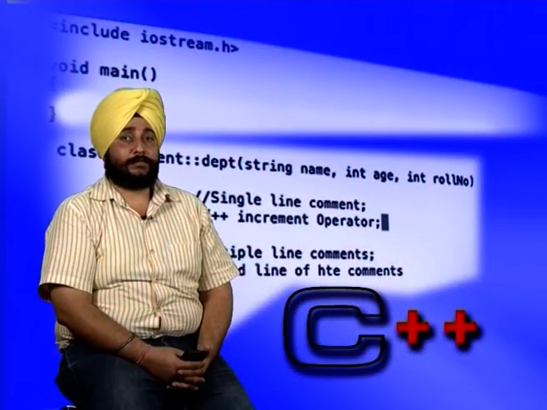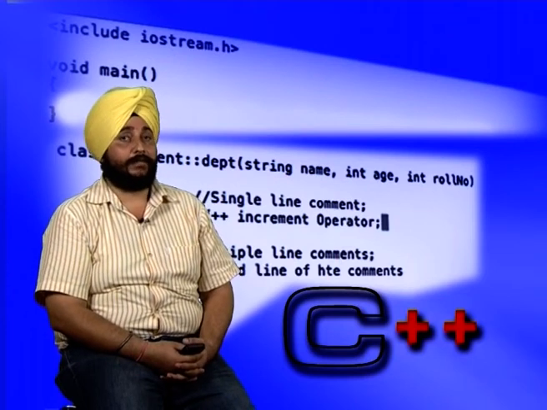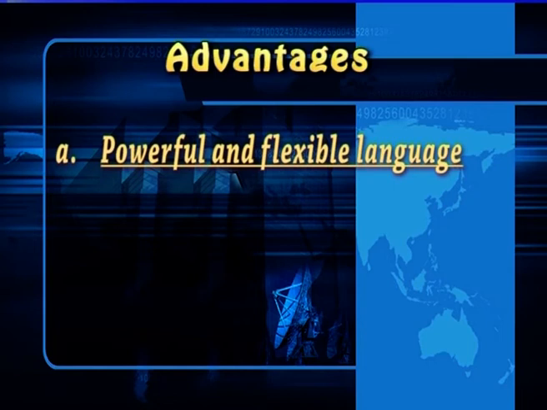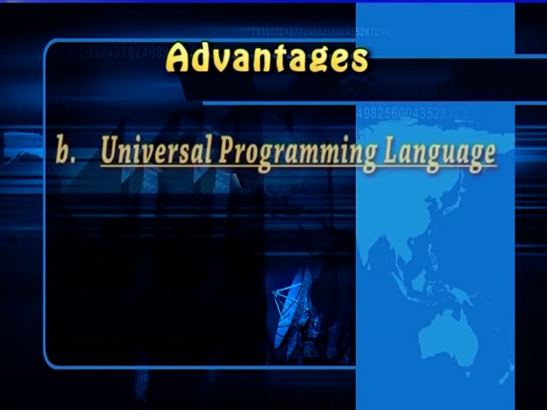Programming in C++ has several advantages compared to other high-level languages. First advantage is it is a powerful and flexible language. It is used for operating systems, compilers, parsers, interpreters, word processors, search engines, and graphics software. Second, it is a universal programming language.